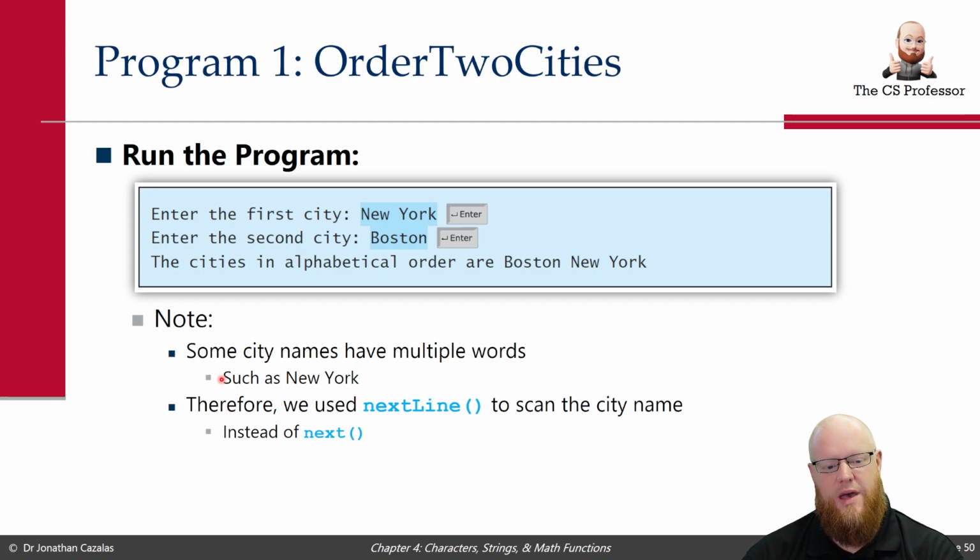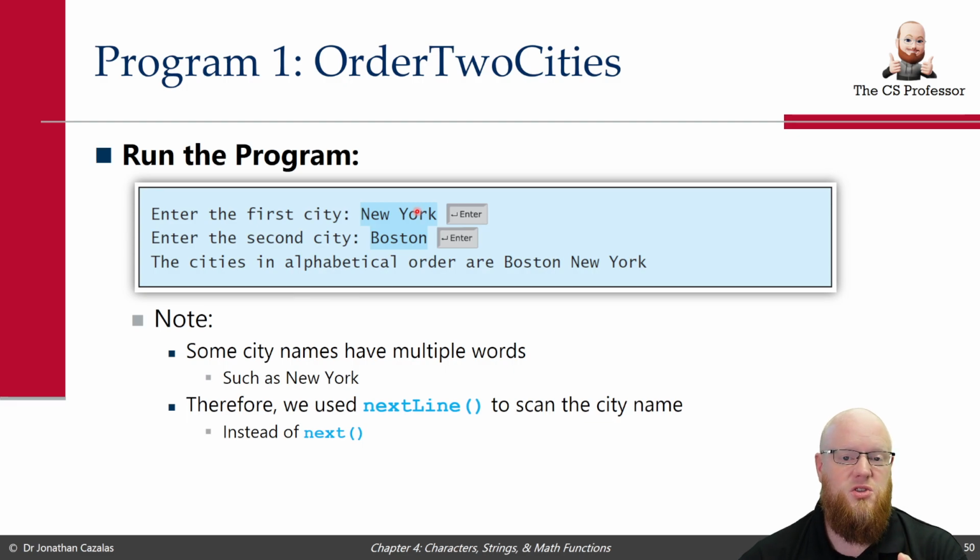So how did we do that? Well, the first thing I wanted to point out is notice since we're allowing a city to have two words like New York, we need to use nextLine and not next, right? Because if I had used just next, it would have scanned just the word New. And then when I'm thinking I'm scanning the second city, it'll actually give me York, which is all kinds of busted.